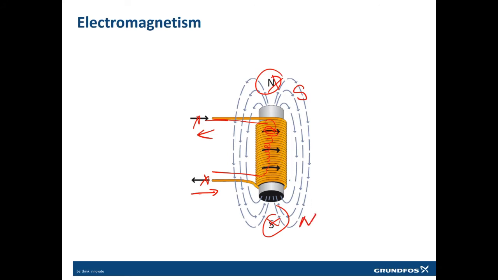That means I can not only make this magnet at my will, but also change the south and the north of this magnet. How it will help me to make a motor, in the coming slides you will understand.